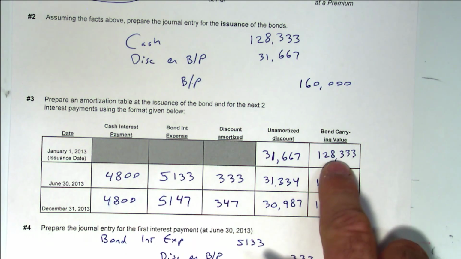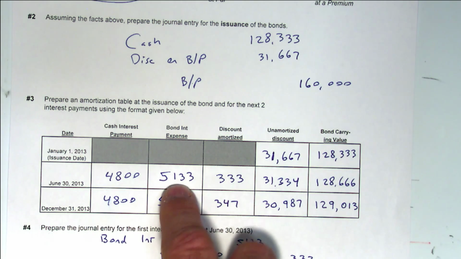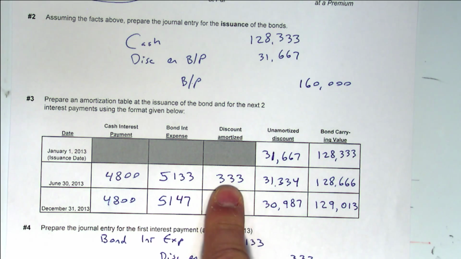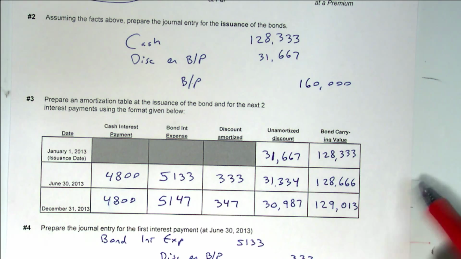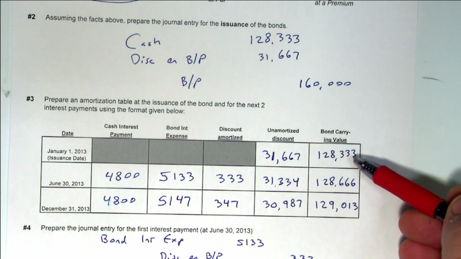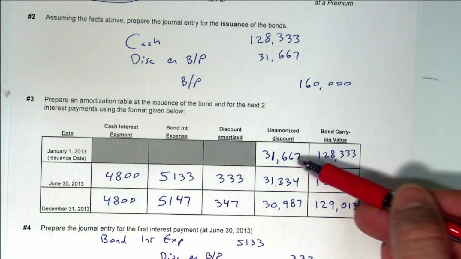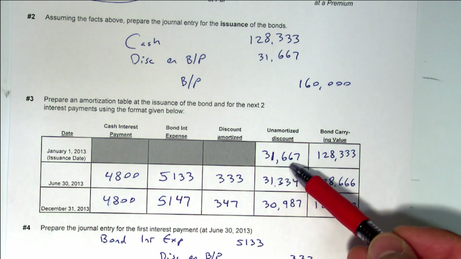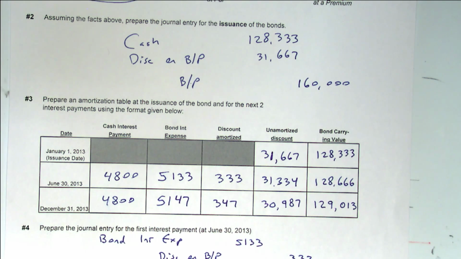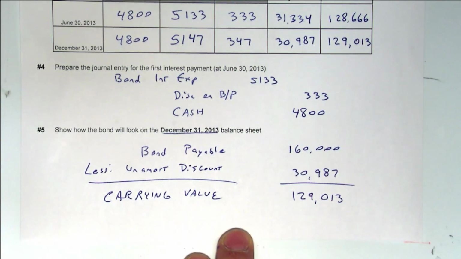So this is 128,333 times the market rate, 8% times 1/2. Okay? And then this is the difference. That minus that equals that. That minus that equals that. And then the bond carrying value is par value minus whatever is in this column. So 160,000 minus 31,667 equals that, right? And then the bottom two.